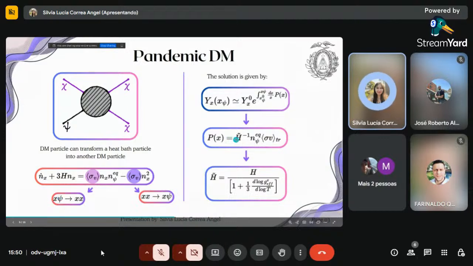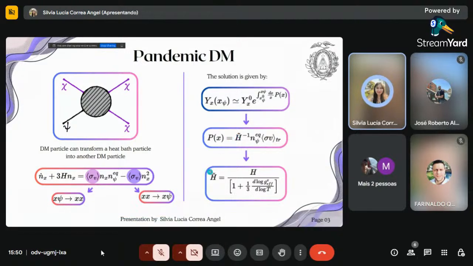And of course this H linear, I don't know how to say that in English. We have the Hubble rate, and here we have g_*, the degrees of freedom, and here we have T, the temperature.